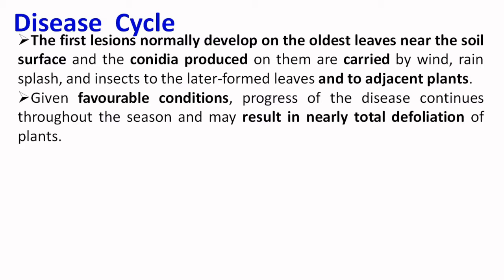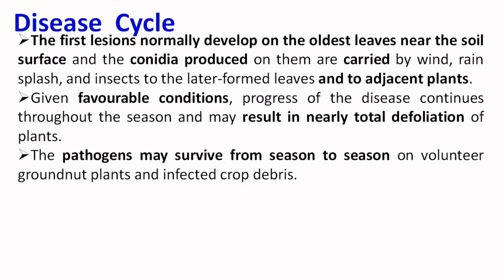Depending upon the intensity or severity of the disease, the photosynthetic area of the leaves may be reduced, and ultimately defoliation takes place, which results in loss of crop yield.